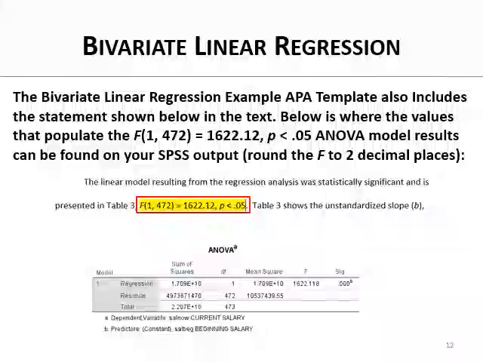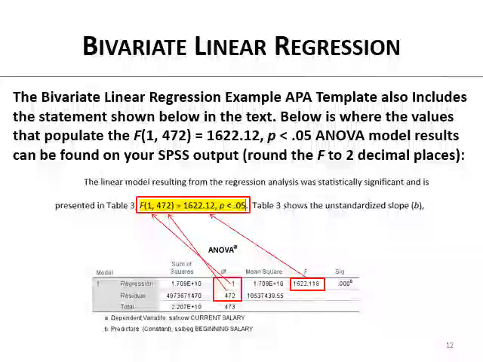The 1 and 472 come from this table right here called ANOVA. 1 is the value for degrees of freedom up top. 472 is the value for degrees of freedom on the bottom. The F value, that 166.12, is from where it says F. So you just round that to 2 decimals and put it in there. Sig, if the sig value is less than 0.05, you put p less than 0.05. So that's where that information comes from.